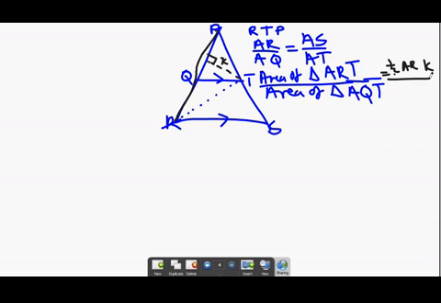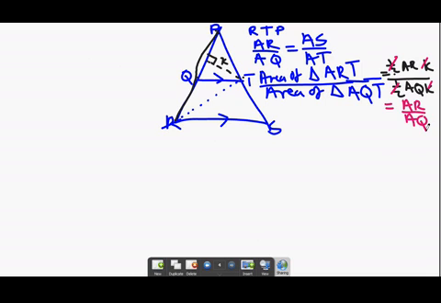Again, the height is already in AQ and it goes to T. So it's going to be half AQ times K. Can you see that? And then you're going to cancel out. The half cancels, the K cancels, and you're just going to be left with AR over AQ.